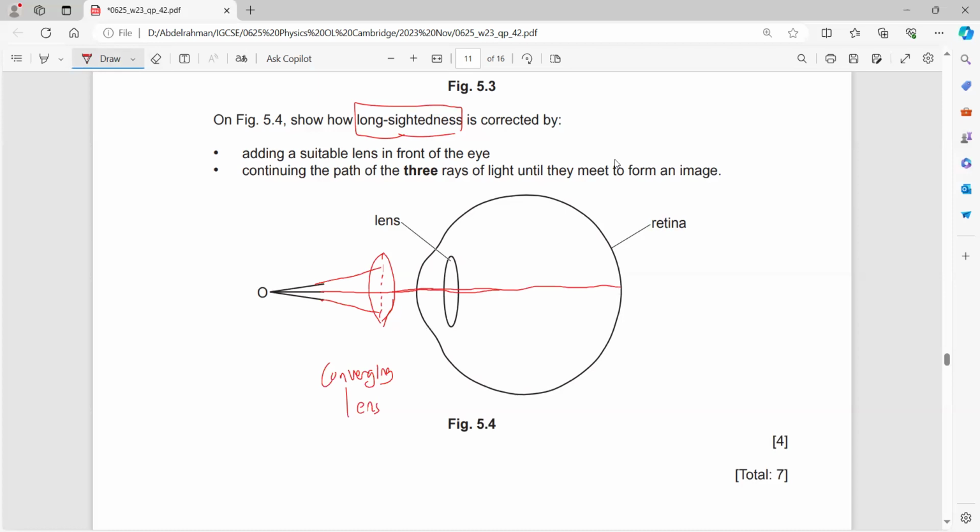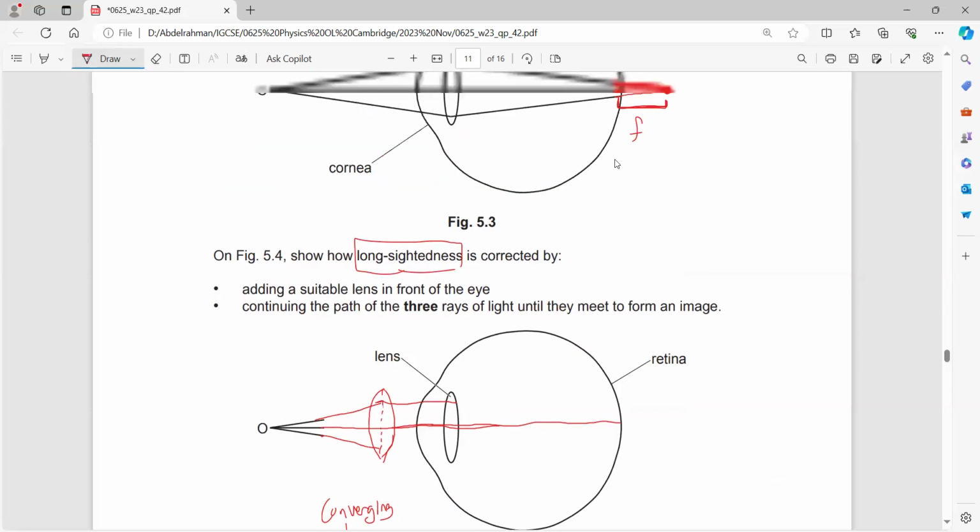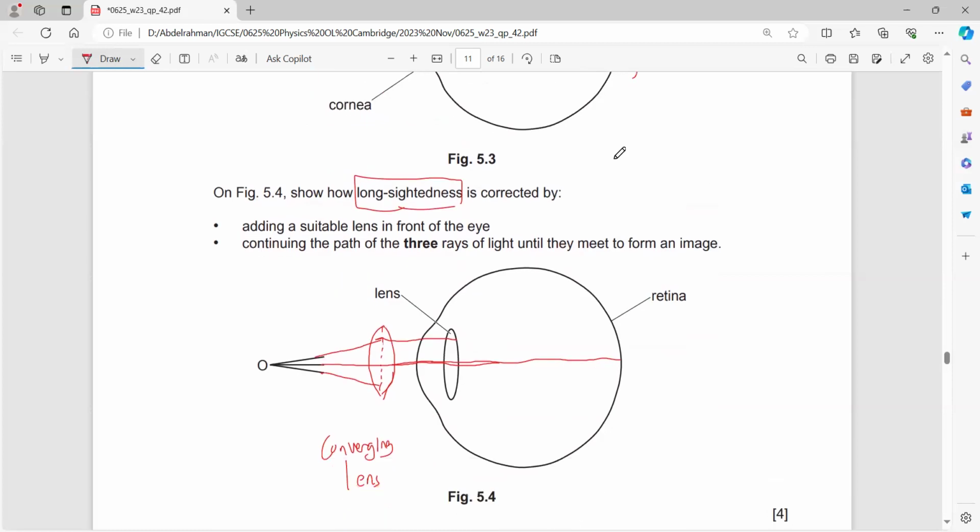Okay, what will happen to this line? It will converge. It will bend. Whenever it bends, what will happen? It bends a little, and then when it reaches the lens, it will bend a little.